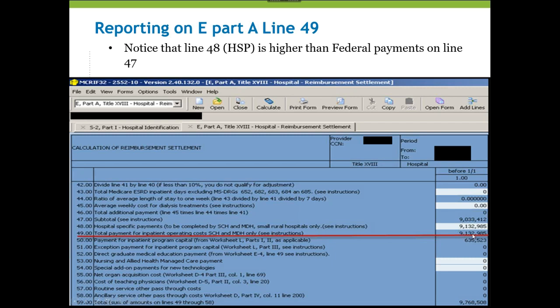And that carries forward to line 49. Now, after that, you again have all these potentially other payments that get added on top of it. But the point is, it is hold harmless, which essentially means you're not going to be harmed by this hospital-specific payment, and you always get the higher number. You'll never get a lower number than what your federal payments would have reimbursed you.